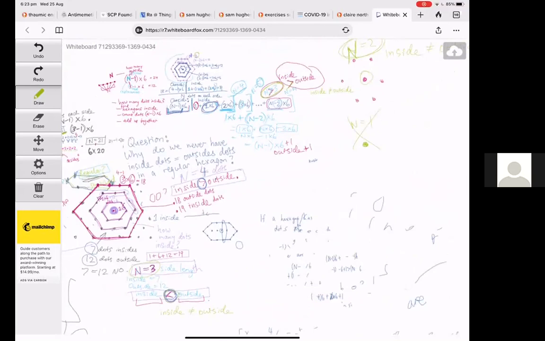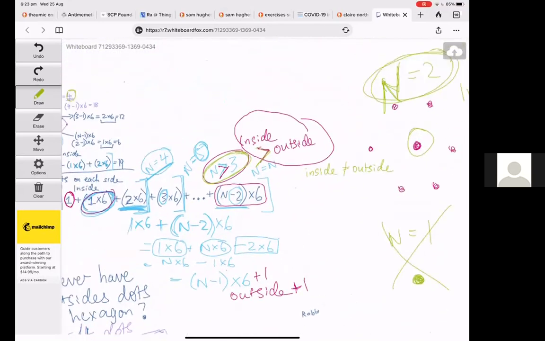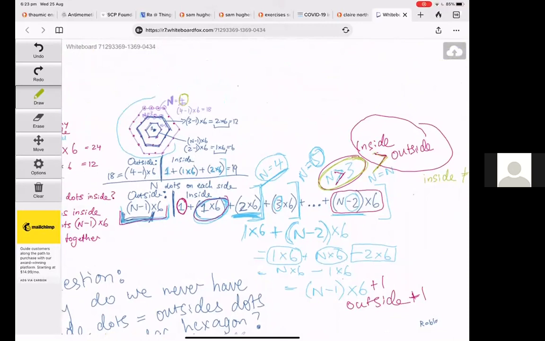So there's actually lots of ways of doing this question as well. Can you see, having this expression for inside and the expression for outside, so if you move a bit to the left, having this expression allowed us to make a lot of conclusions.